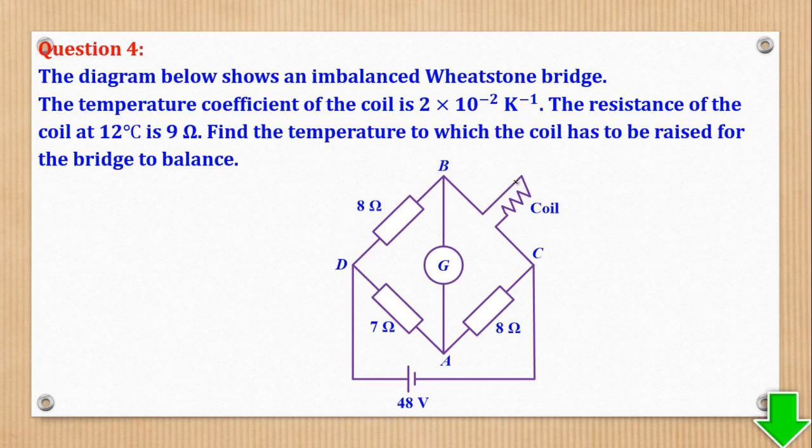It was imbalanced, so this one we have to raise the temperature. When you raise the temperature, the resistance also changes. That means that we have to first get this resistance. So for balance, this one over what is here is equal to this over what is here.